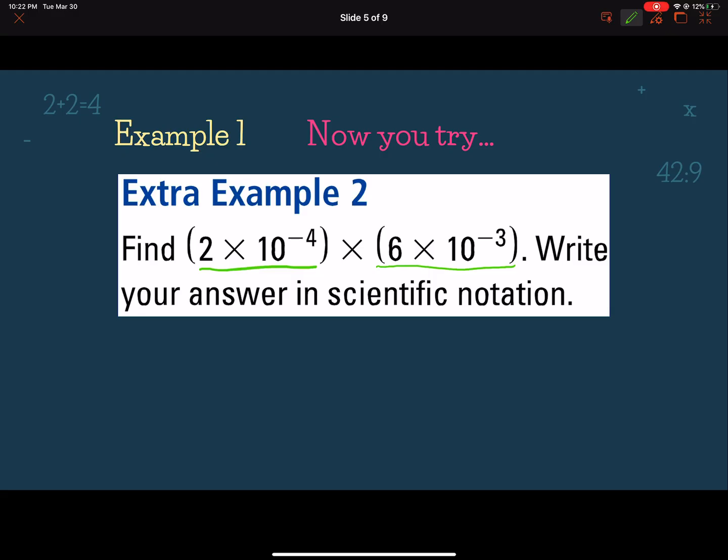When you put that in your calculator, you should get 1.2 times 10 to the -6.